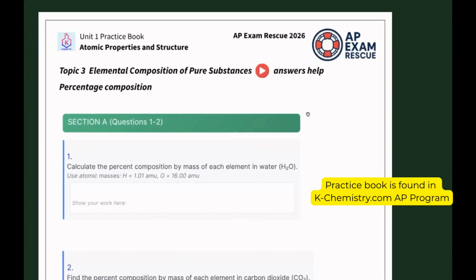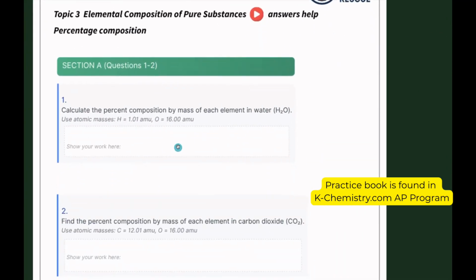Our first question is asking to calculate the percentage mass, or percentage composition by mass, of each element in water. So let's see how we can do this. I have the atomic masses of hydrogen as 1.01 and oxygen equal to 16. So we need first to find the total mass. The total mass of everything is going to be equal to the addition of both masses.